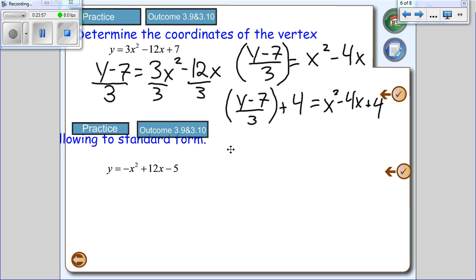We can factor that. So we have y minus 7 over 3 plus 4 is equal to x minus 2 squared. I'm going to subtract 4 from both sides because we've finally got our factor over there on the right, so now we can move everything back to that side. Subtract 4 from both sides, and I get y minus 7 over 3 is equal to x minus 2 squared minus 4.